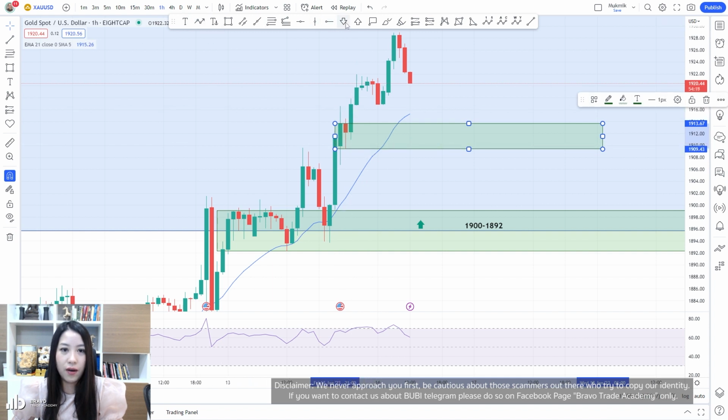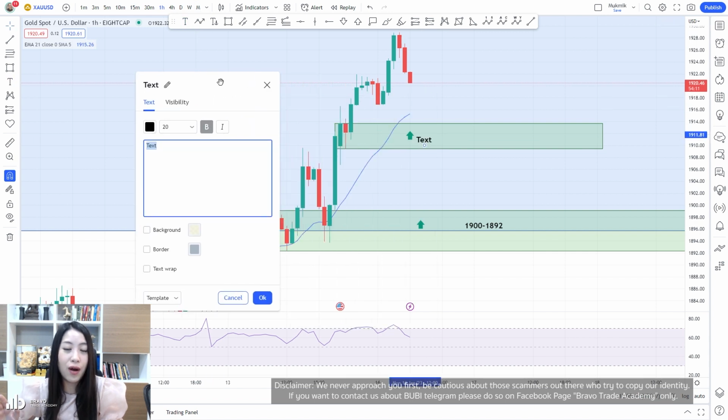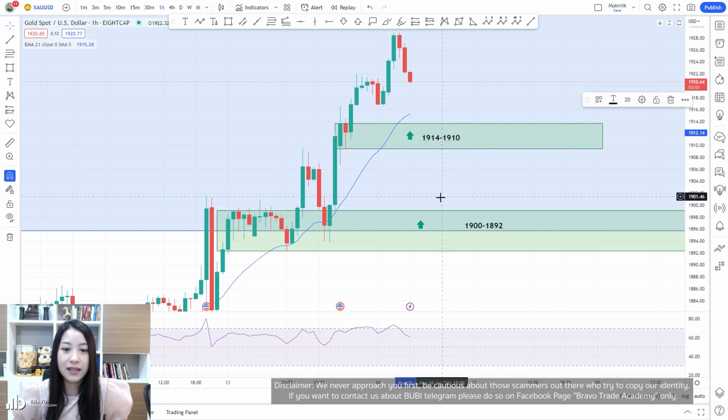The first demand zone that is quite strong, with no other cautious behavior going on, is this one, which is from 1914 to 1910. We have the significant number as well at 1910.